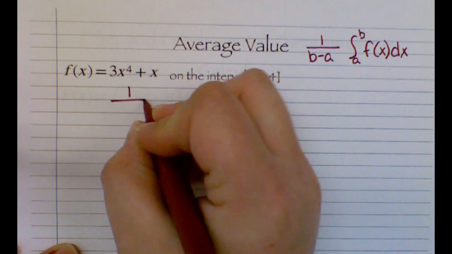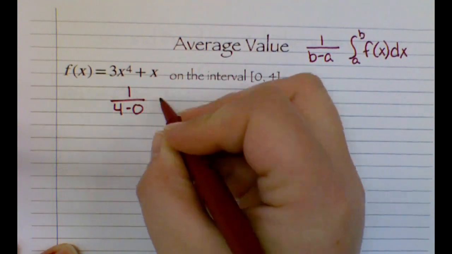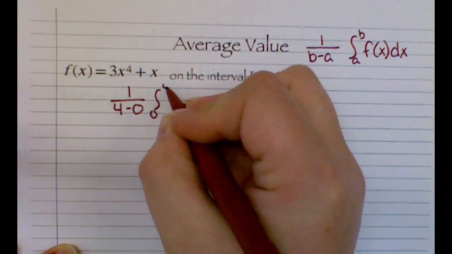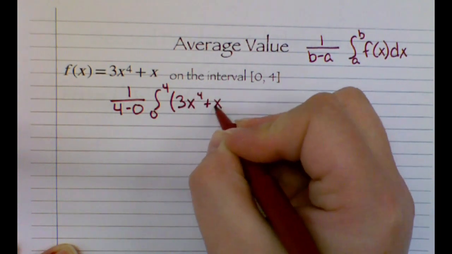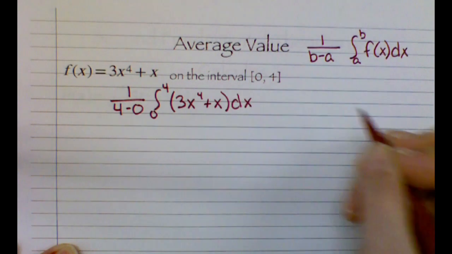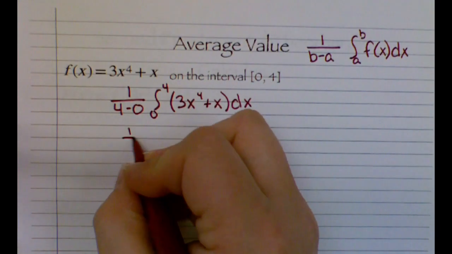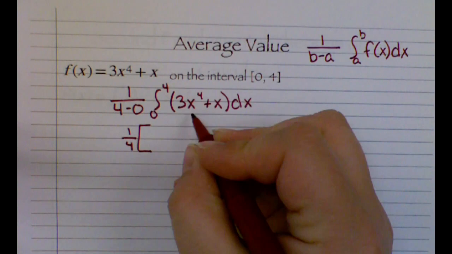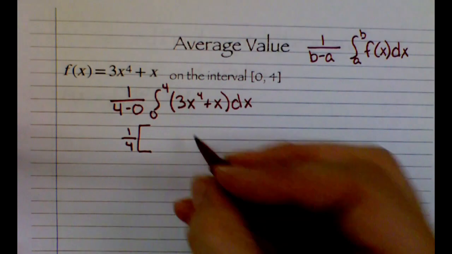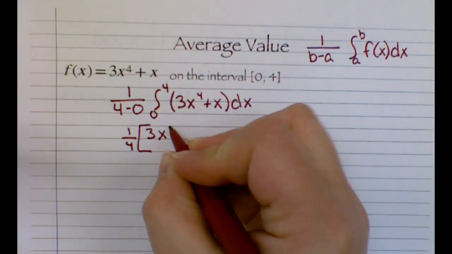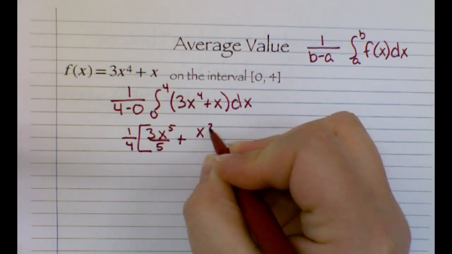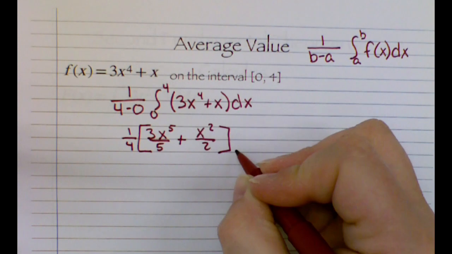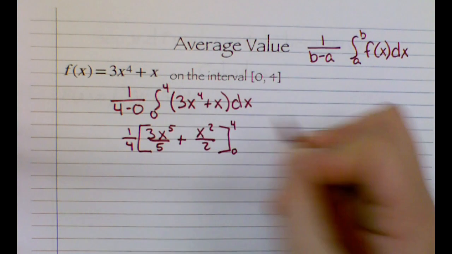We'll take 1 over 4 minus 0 on the interval 0 to 4 of 3x to the 4th power plus x dx. So we'll have 1/4. The antiderivative of 3x to the 4th power plus x is 3x to the 5th power divided by 5 plus x squared divided by 2 from 0 to 4.